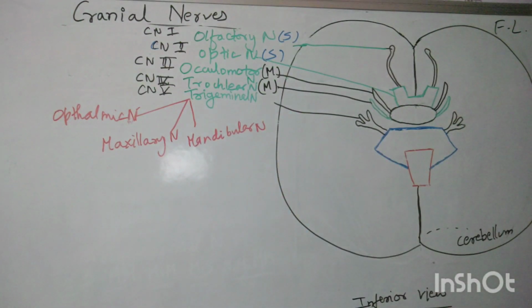So 3 types of nerve are involved. So that's why it is called trigeminal nerve. Now ophthalmic nerve. Ophthalmic nerve mainly carries the senses around the orbital area, ethmoidal bone, sinuses, like lacrimal glands.